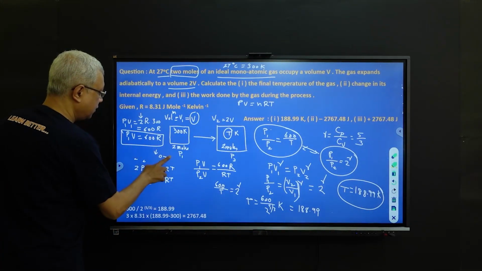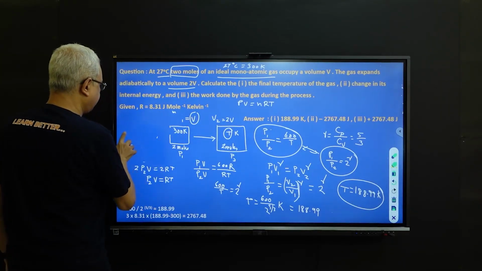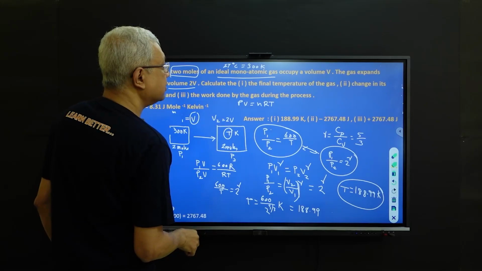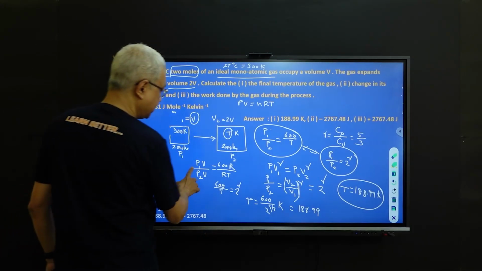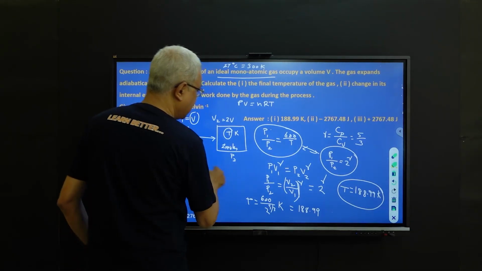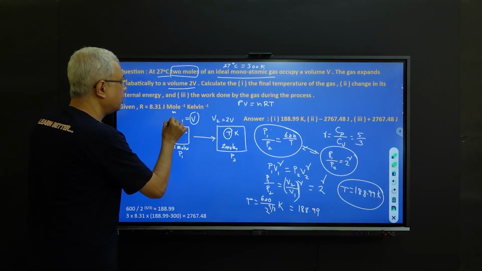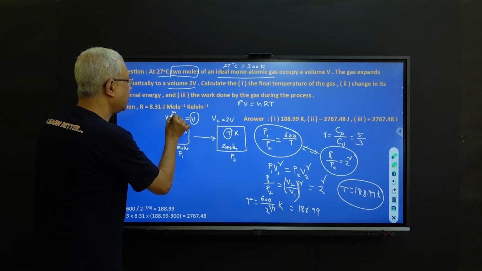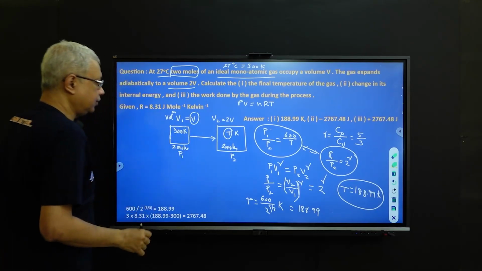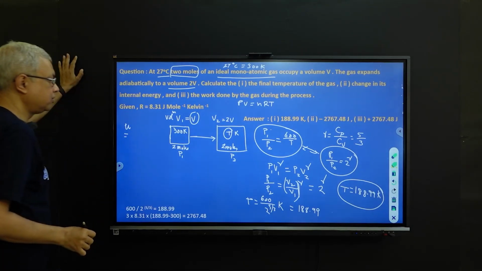Now, next part. What is the change in its internal energy? That is to be found out. So let us see how it can be done. The internal energy of the gas U is equal to how much?